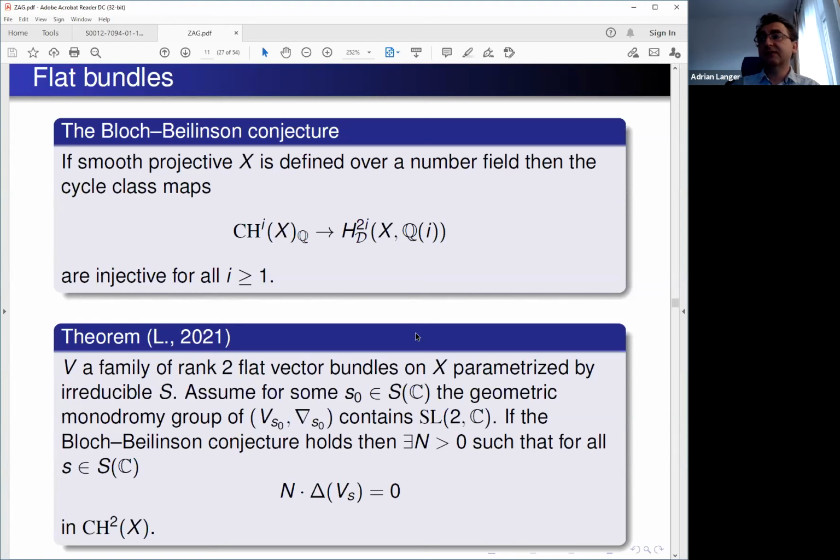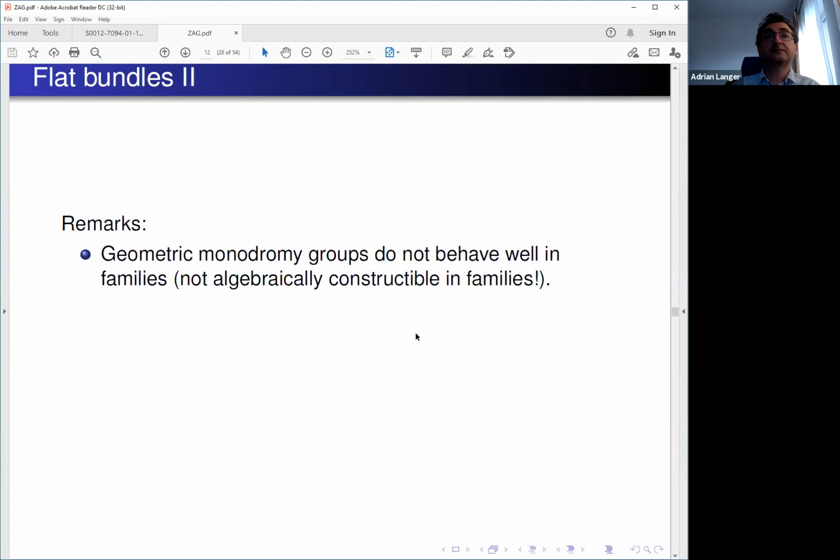So there are a few comments that I would like to make. First of all, these geometric monodromy groups behave very badly in families. They can jump a lot in an unpredictable way. In particular, they are not algebraically constructible in families.